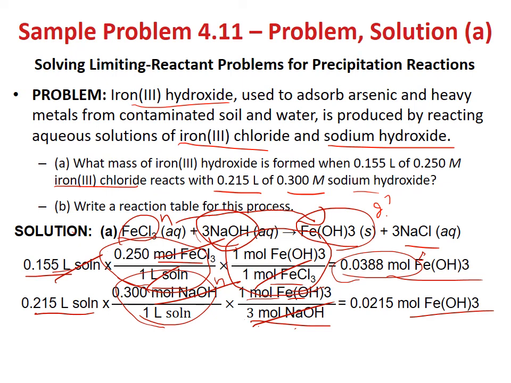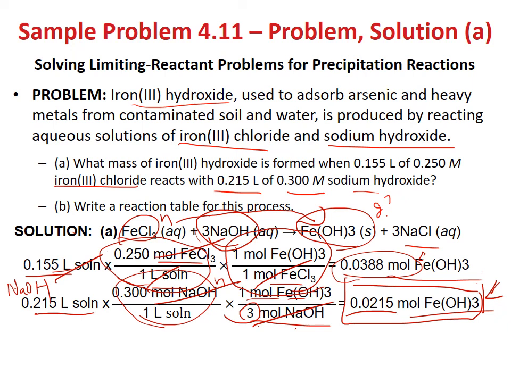So you divide by 3 here, and the answer is 0.0215. Comparing these two, this one is smaller, and therefore sodium hydroxide is the limiting reactant. The product formed will be 0.0215, the number of moles of iron hydroxide that will be formed.